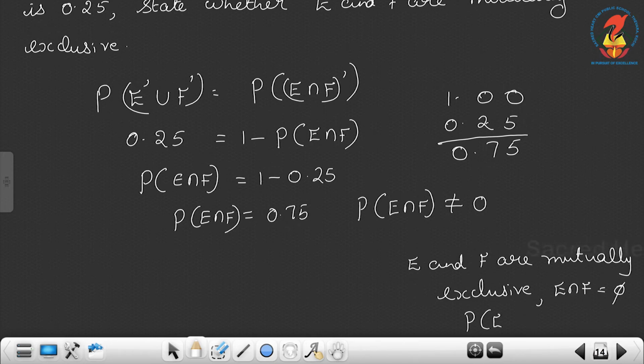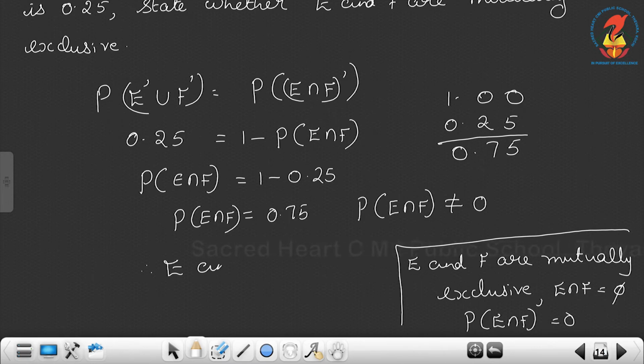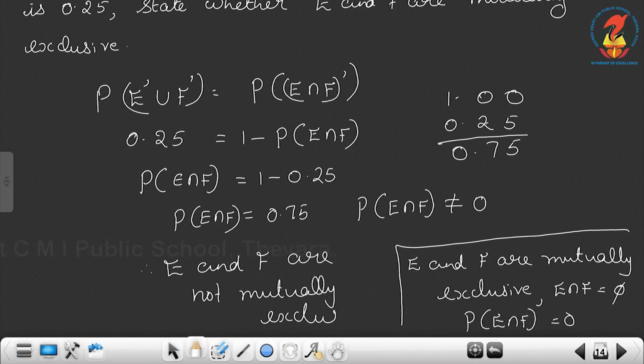So, the corresponding probability is equal to 0. Okay. But here the probability is not 0. So, what can we conclude? Therefore, E and F are not mutually exclusive. Not mutually exclusive. Okay.